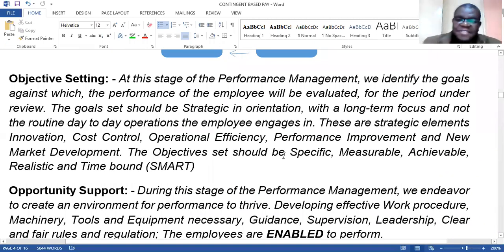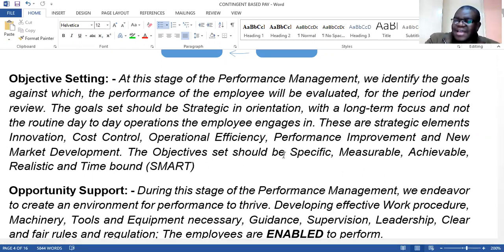In objective setting, what we're doing is we set goals, performance goals for the period under review. These should be strategic in nature, should be long-term, and not just targets on your routine day-to-day job.